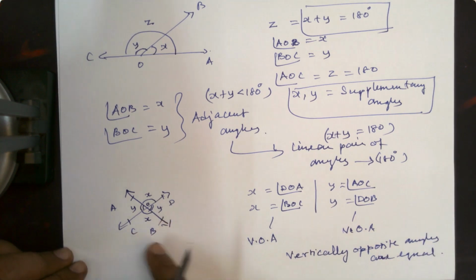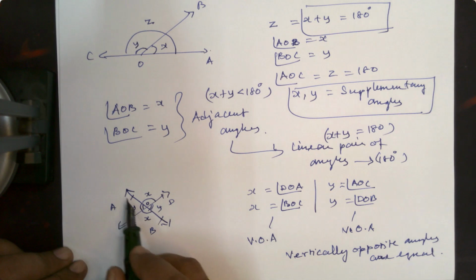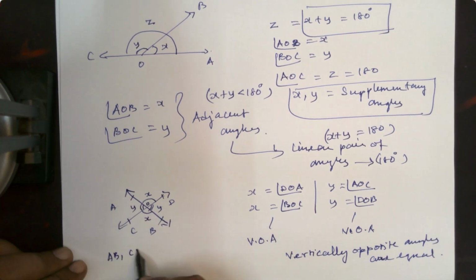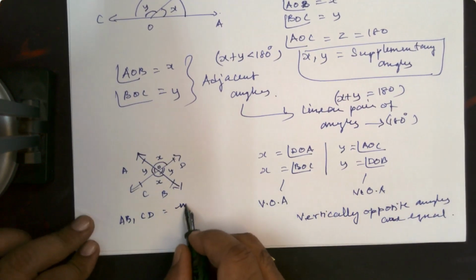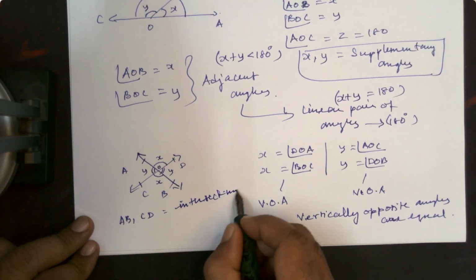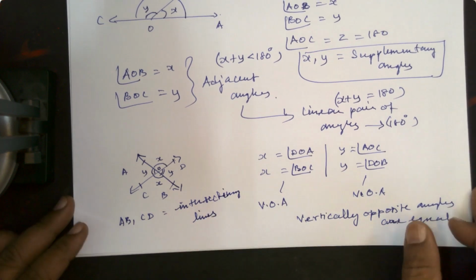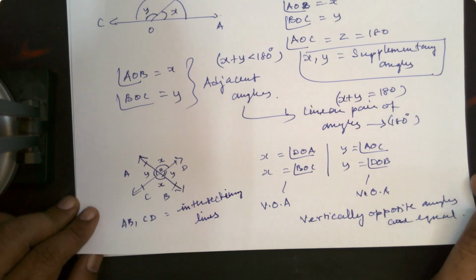So they are intersecting lines. What are those lines? That is AB and CD. So AB and CD are intersecting lines. If they are parallel, they are called non-intersecting lines.